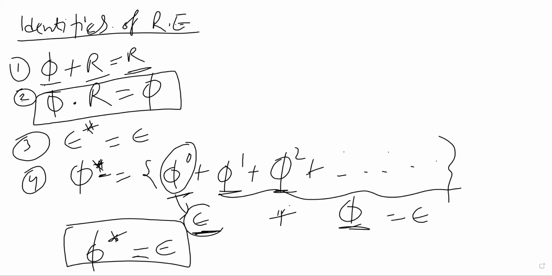Phi coming 0 times means epsilon. So phi closure will become epsilon plus all the others, which are phi only. Any regular expression plus phi is that regular expression, so epsilon plus phi is epsilon. So phi closure will be epsilon. Is that clear?